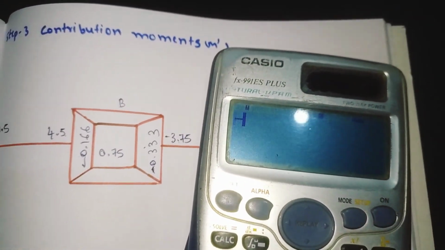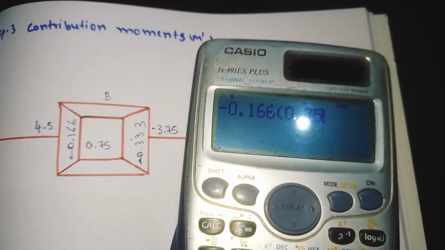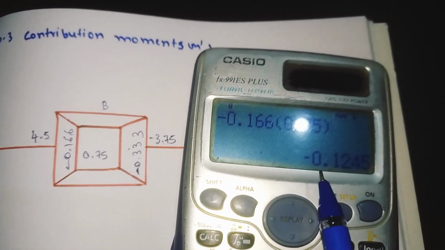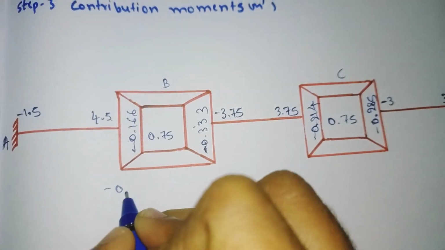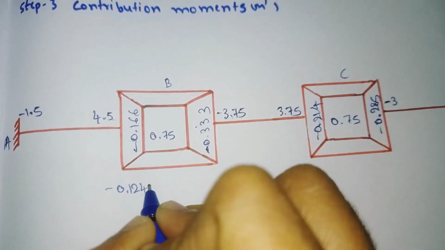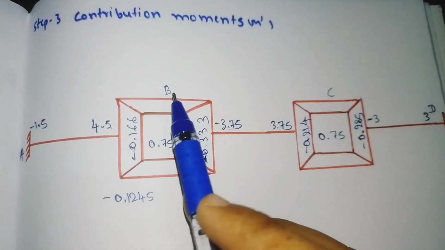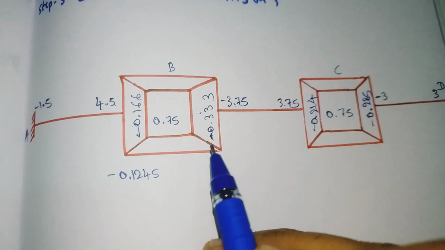Minus 0.166 into 0.75. If you do, the value will come as minus 0.124. So write it here, minus 0.12495. Similarly for BC we need to do minus 0.333 into 0.75.